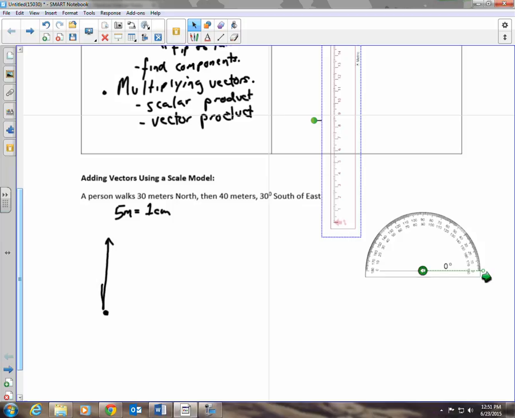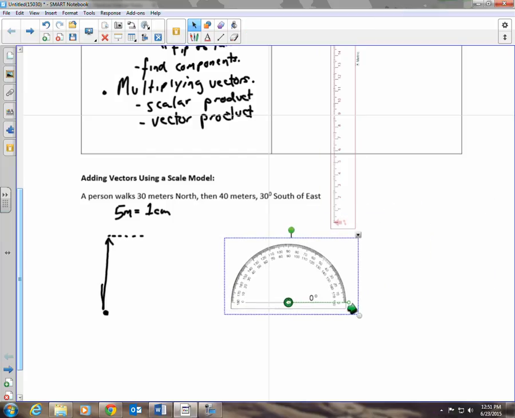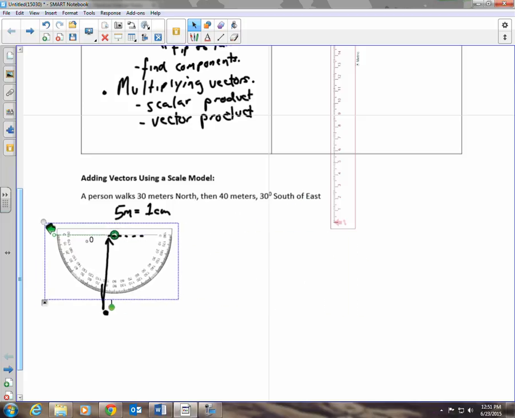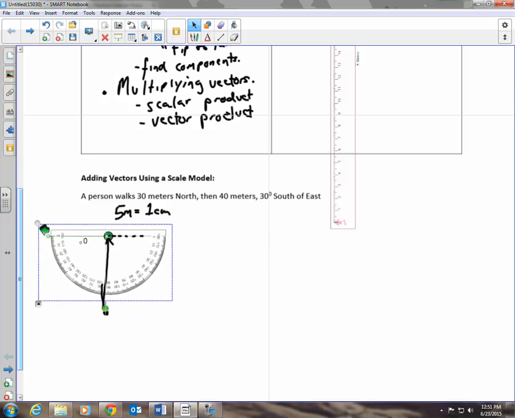Alright, and then I have to do 40 meters, 30 degrees south of east. So I'm going to put a reference line going east, and 30 degrees south of that. So we're right here. Measure 30 degrees south of that. So 30 degrees takes me to right here.